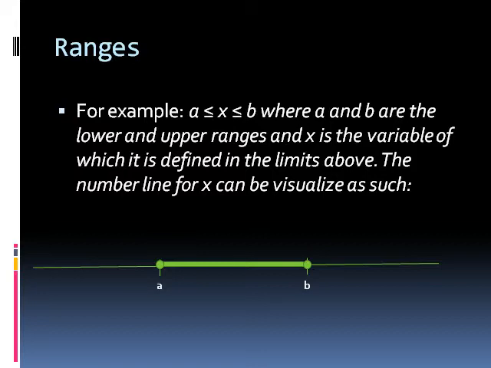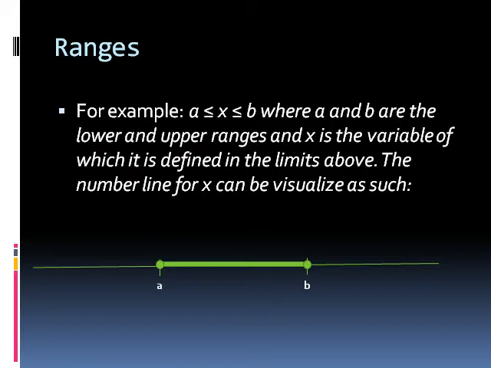So now how can we draw this number line? x can be visualized on the number line by putting a and b on the number line, and then you would highlight or draw another line to display where x will be covered in the range of a and b, as shown in the number line below.